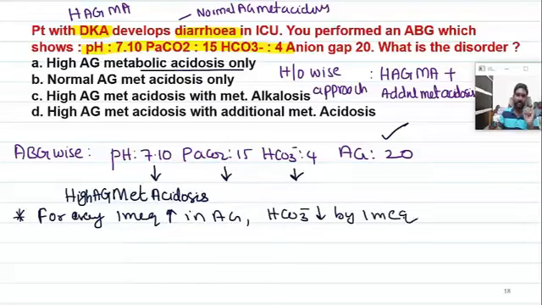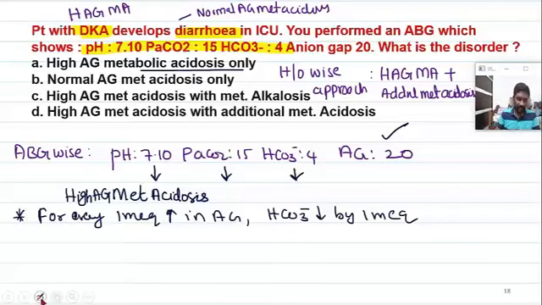So I have oversimplified that delta anion gap, delta bicarbonate, so that you can use this routinely for solving the questions. So for every 1 milli equivalent increase in anion gap, bicarbonate decreases by 1 milli equivalent.